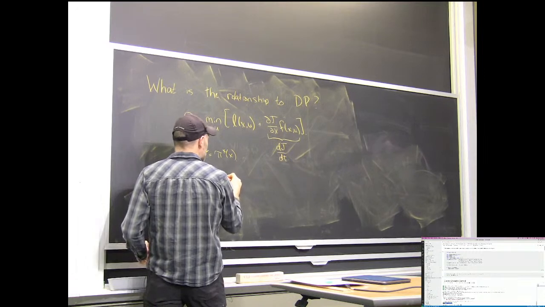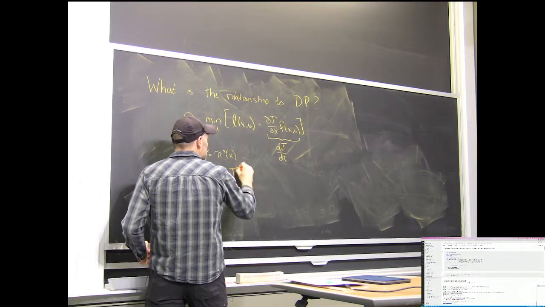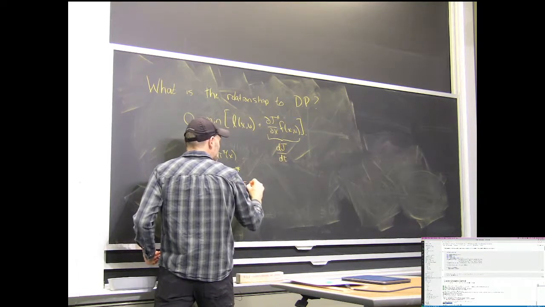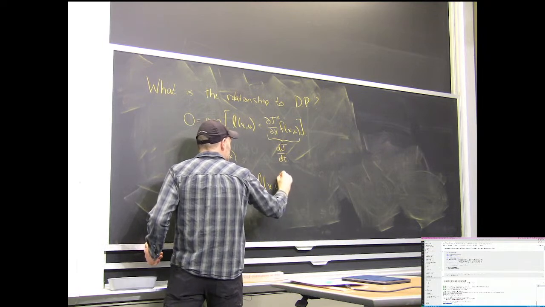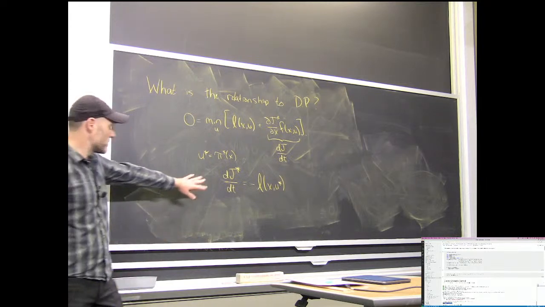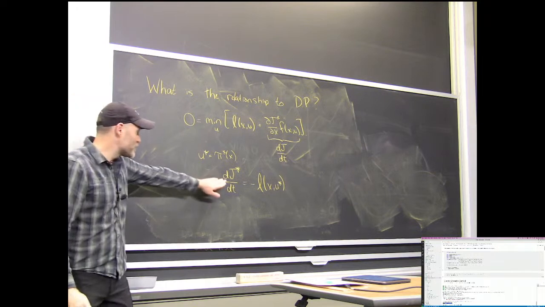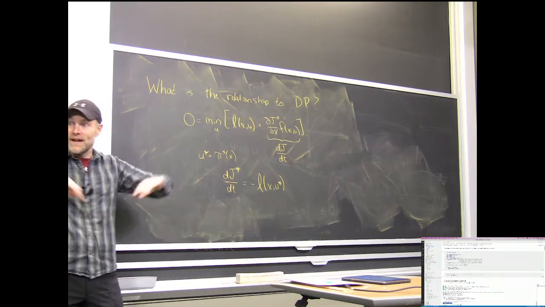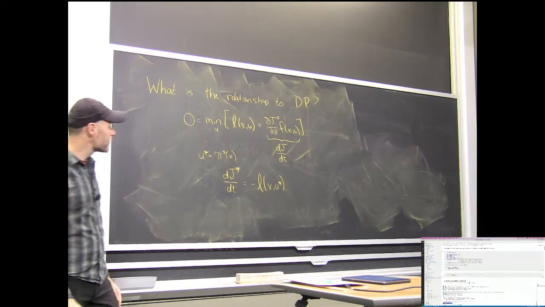So dJ*/dt has to equal negative L of x, u star. Those are the conditions. We wrote that before when we were talking about DP. And it's hard to find a J. This is a partial differential equation. It's hard to find a J that satisfies that everywhere, that's going downhill at exactly the rate, okay?